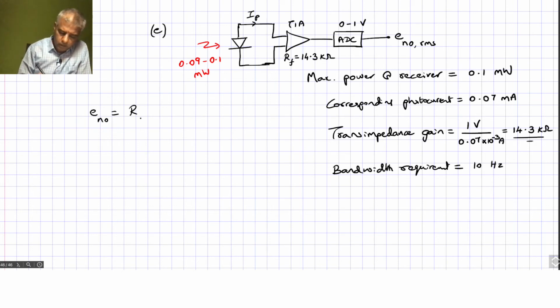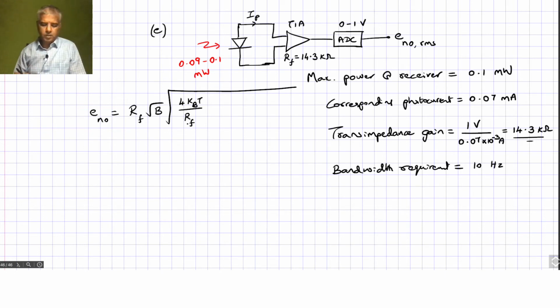That will give us the RMS value, right? So we saw that this would correspond to RF multiplied by root B, whole root of 4 kBT divided by RF, where RF is the feedback resistance of the TIA, plus, since we are using a PIN photodiode, we don't have any contributions due to noise from avalanche processes. So it's simply 2q multiplied by IP, right?